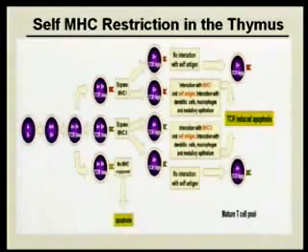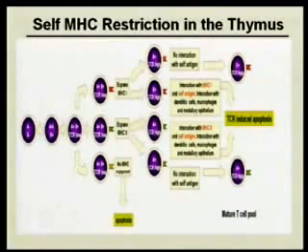Positive selection means any cell that can recognize self-MHC is positively selected. That's shown here. It can recognize either MHC class 1 or MHC class 2. If it does not recognize the MHC molecules, it's deleted by apoptosis. So already you've gotten rid of a lot of the cells. The next point is they then go on to interact with cells expressing self-peptides.